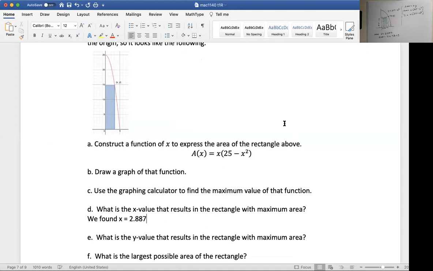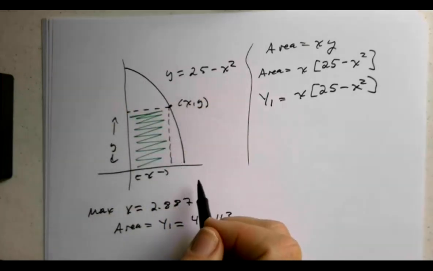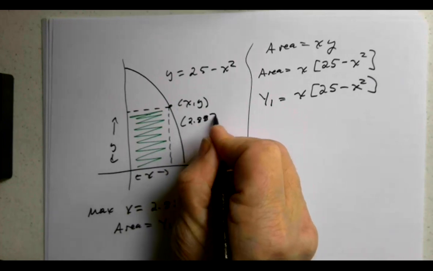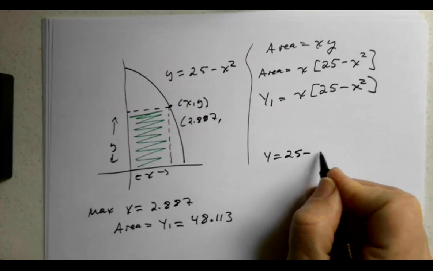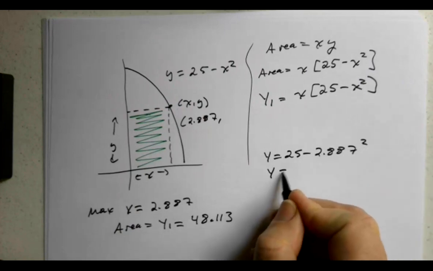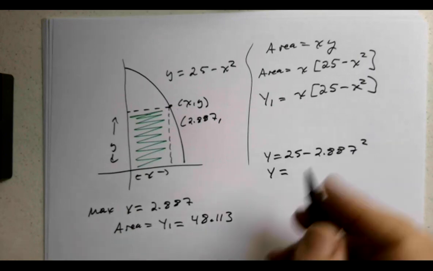Well, remember our equation was y equals 25 minus x squared. So if x is 2.887 here on my graph, y should be 25 minus 2.887 squared. That's the actual y value on the parabola. 25 minus 2.887 squared gives me 16.665.